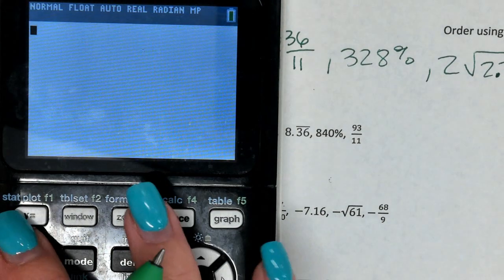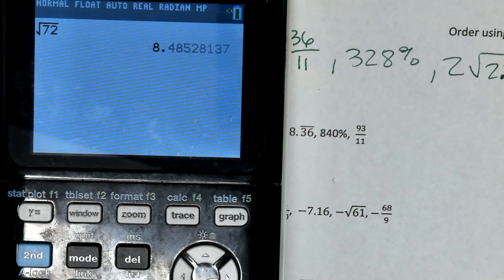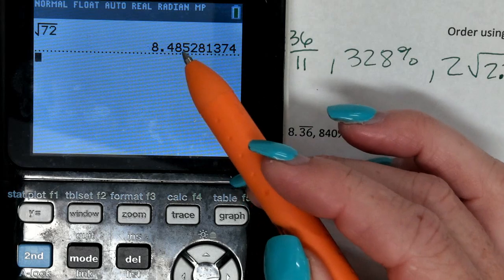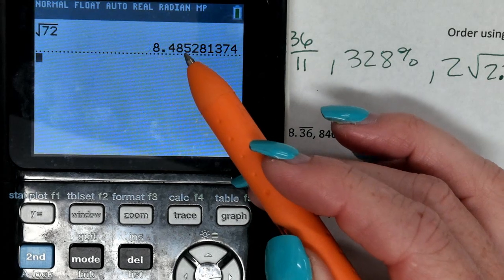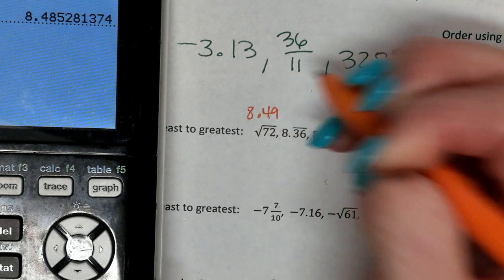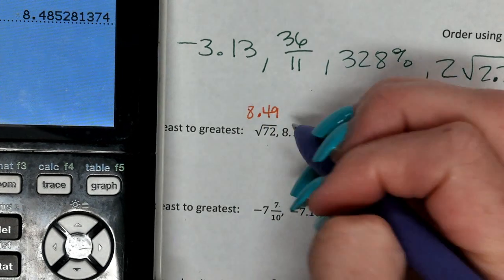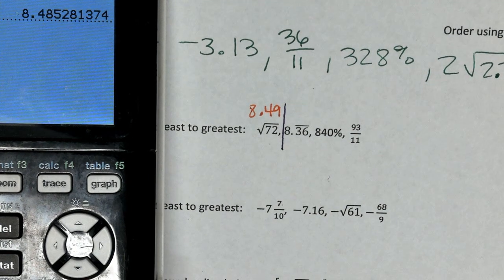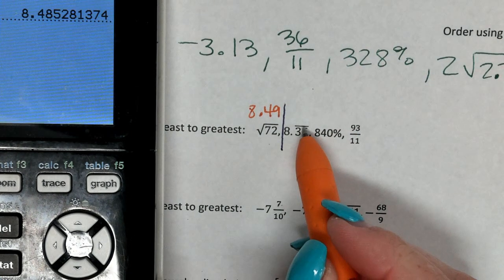The square root of 72. How much money is that worth? $8.49 if I round. So $8.49. Who can tell me what this bar means?